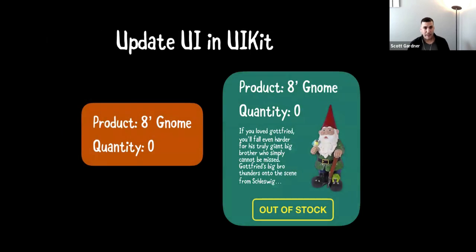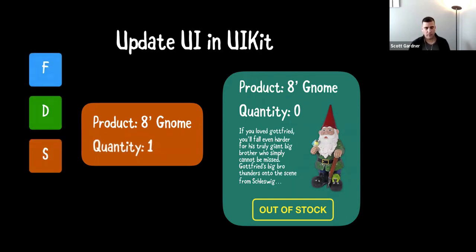So more practically speaking, if we're looking at, for example, a product card here, and this is a gnome that you can buy at Wayfair. It's actually an 8.5-foot gnome, and it's literally for sale. And we have this model object next to it that just shows that we have a quantity of 0 of that gnome right now. So if we were to do a fetch, and then decode the data, and then update the state, now we'll be ready to update the UI.